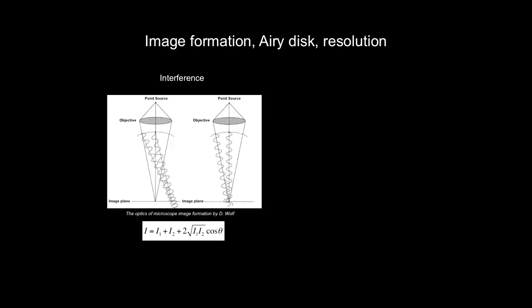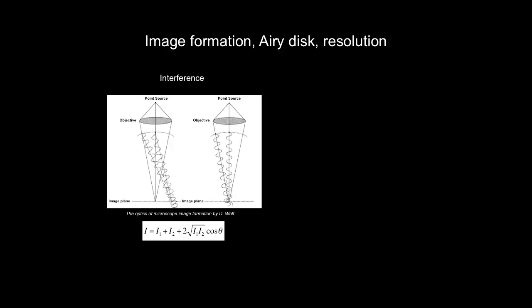That's because the image is the result of the interference of the light waves. Light is a wave. Interference in the focal point.